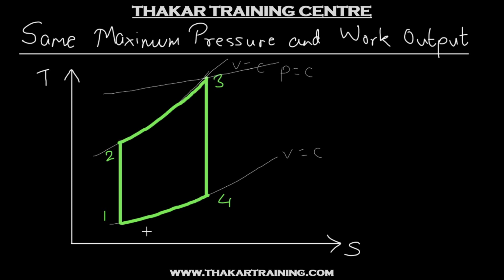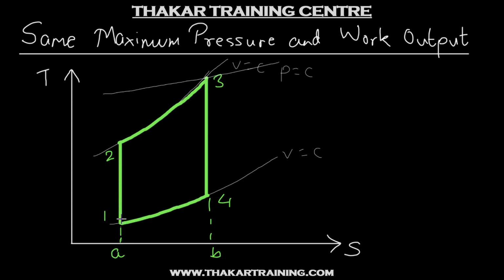So under 2 to 3 we used to mark this like this, right? This is point A, this is point B, alright? So previously we were comparing area A23B with the other cycles. Now here what is happening is we have to compare area 1, 2, 3, 4. Simple.